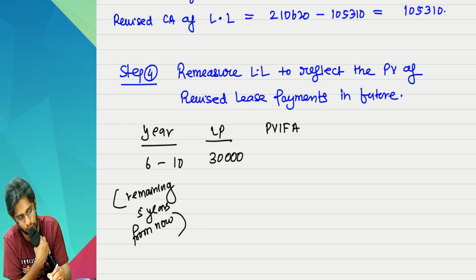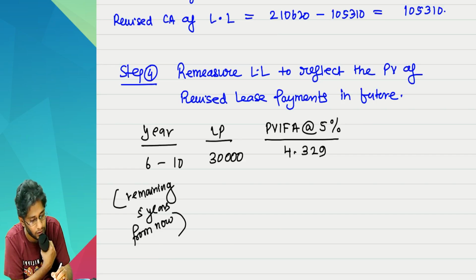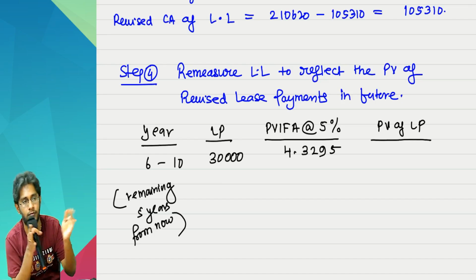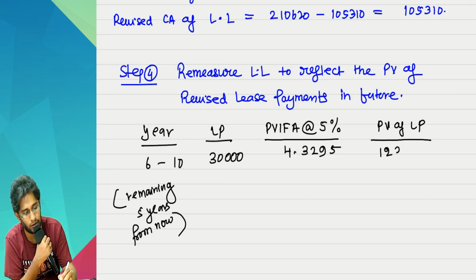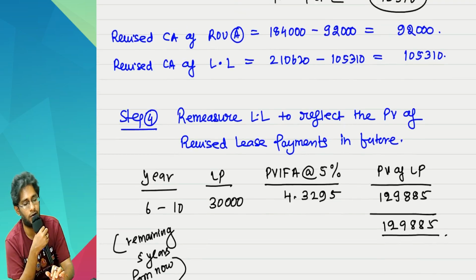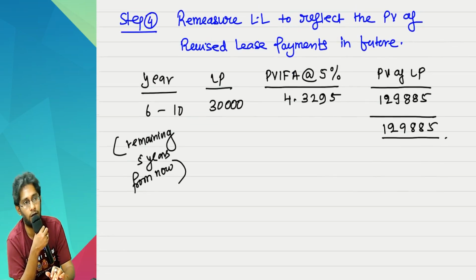PV IFA, use at the rate of 5%. Careful now. Present value of lease payments 129,885. What is your existing balance? 105,310. So from 105,310 you have to jump to 129,885.